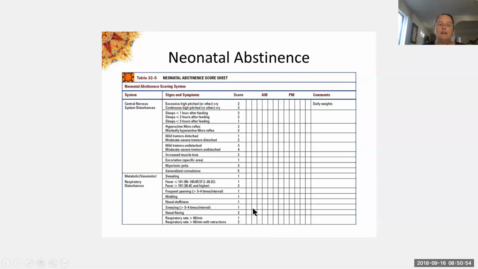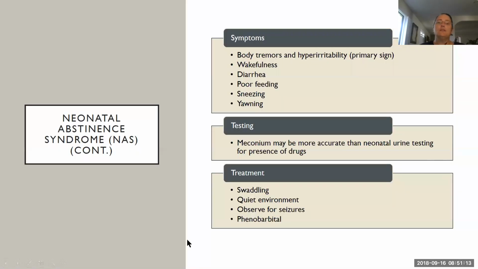We might use a neonatal abstinence scoring list to see if they need treatment. And so again, this is an assessment that we do to look at the different signs and symptoms of abstinence syndrome, and if they reach a certain score, we might have to treat them with medications. So some of the things we might see: body tremors, irritability.